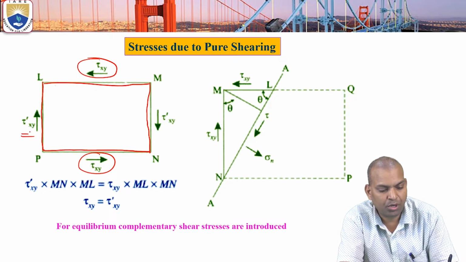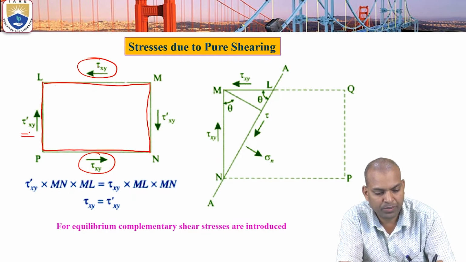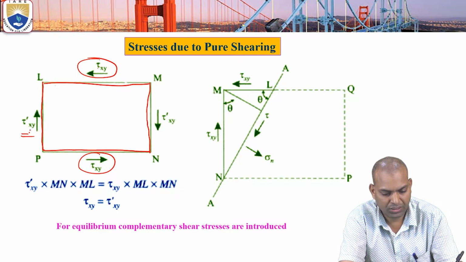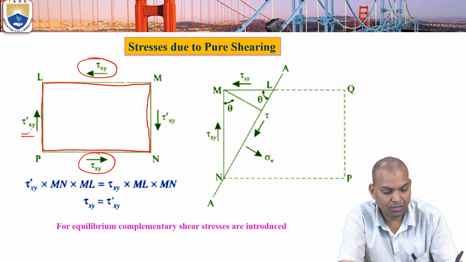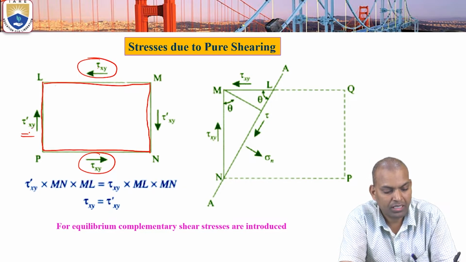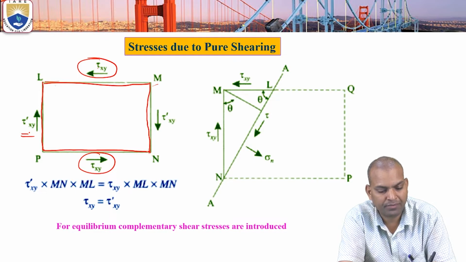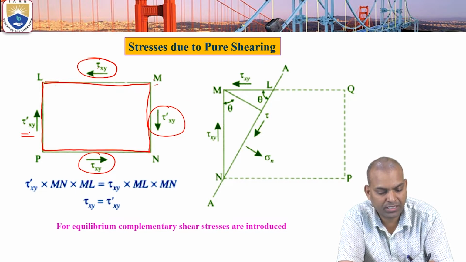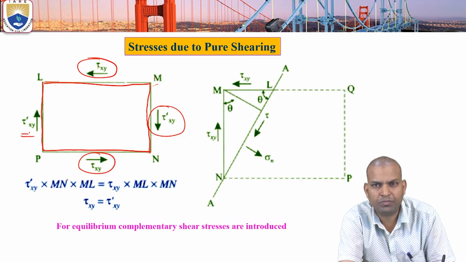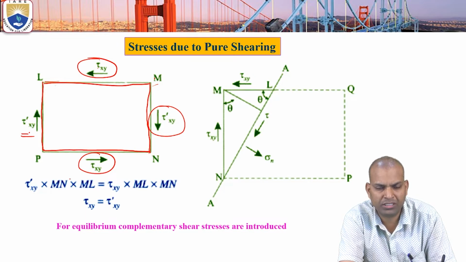Now consider this tau dash xy with respect to tau xy. Tau dash xy times mn into ml, the area of cross section, gives this perpendicular couple. The thickness of this rectangular block is unit thickness.